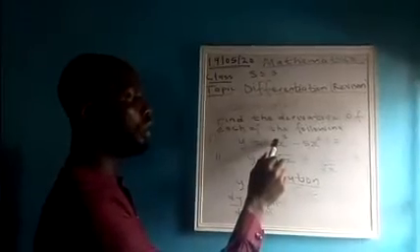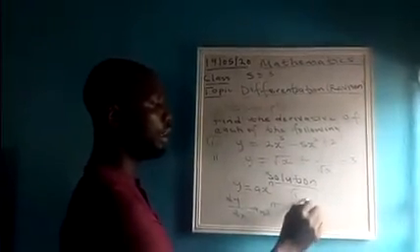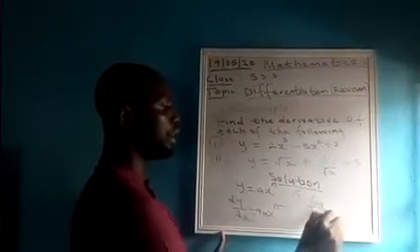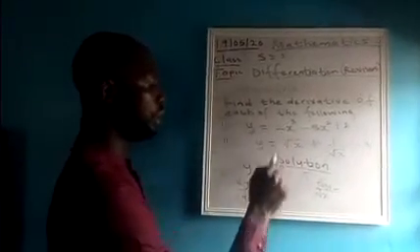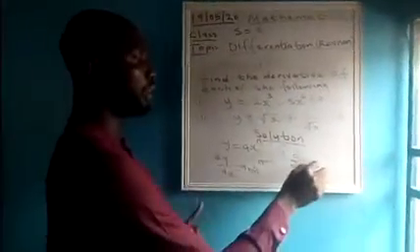So when you take the derivative of 2x raised to the power 3, from the formula we have 2 times 3, which is equal to 6.